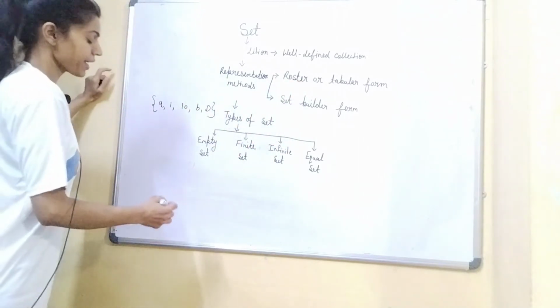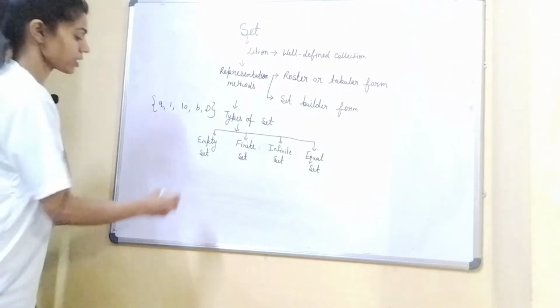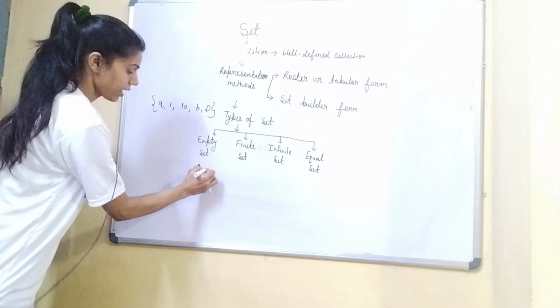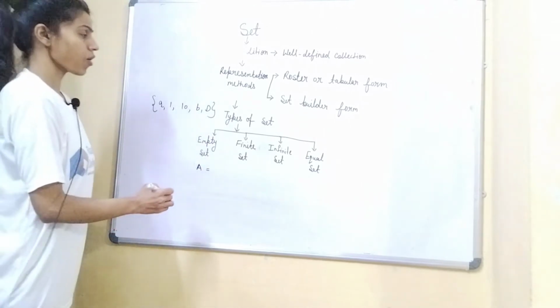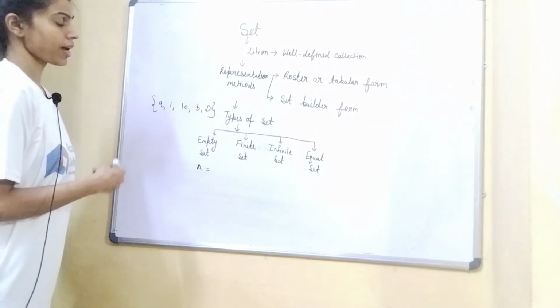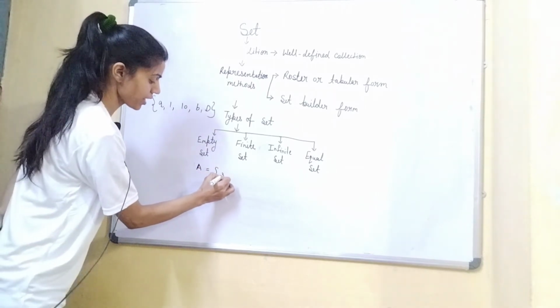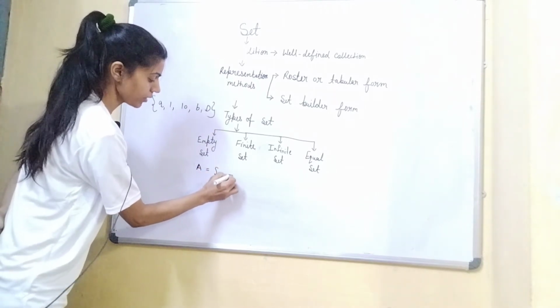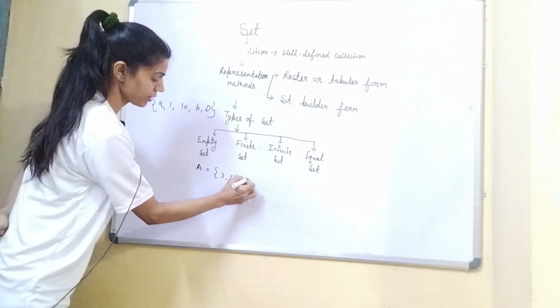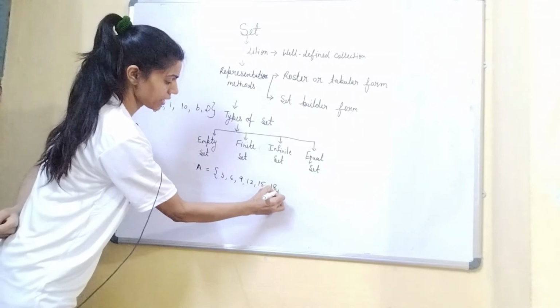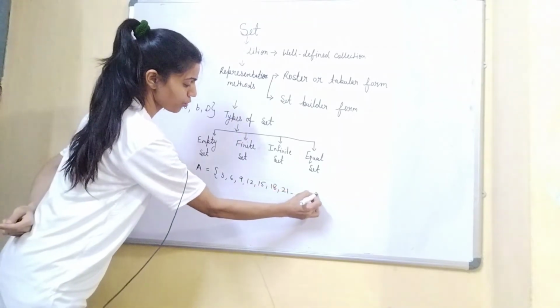Suppose we take an example: there is a set A, and this set is a collection of all natural numbers which are multiples of 3. So I will write 3, 6, 9, 12, 15, 18, 21 and so on.